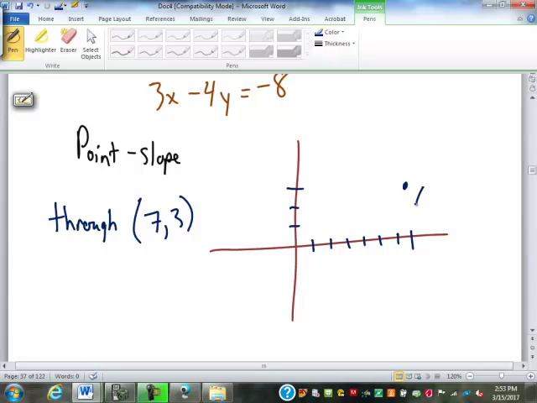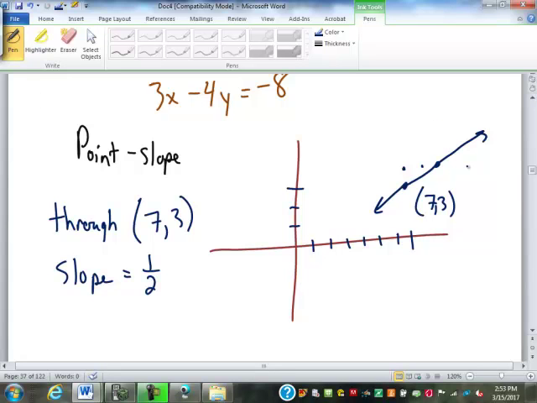There's the point 7, 3. And it has a slope of 1/2, 1 over 2. So from that point it goes up 1 over 2. I can graph that line. I didn't need a y-intercept. All the y-intercept really does is gives me a starting point.